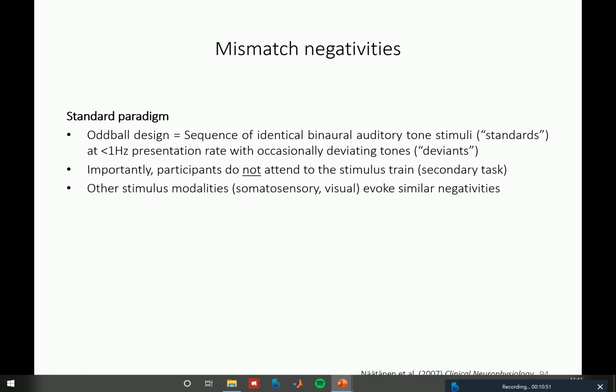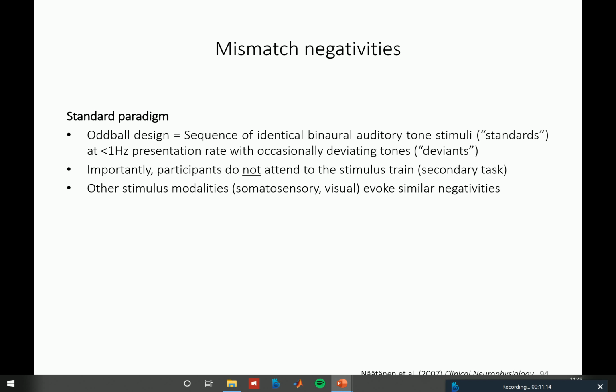The most important thing in terms of the cognitive processing about mismatch negativities is that the participants do not attend to the stimulus train. So they are not, for example, counting the number of deviants, or even worse, responding to the deviants, but they attend to something different.